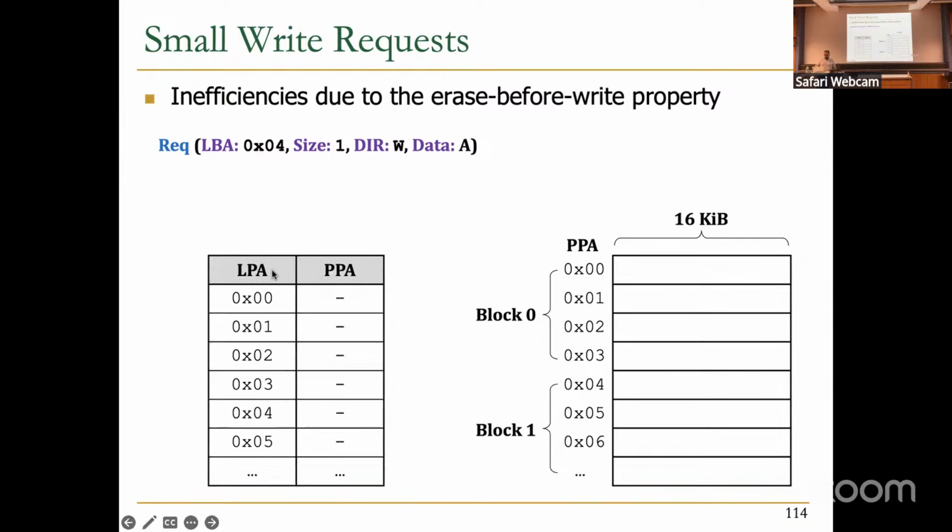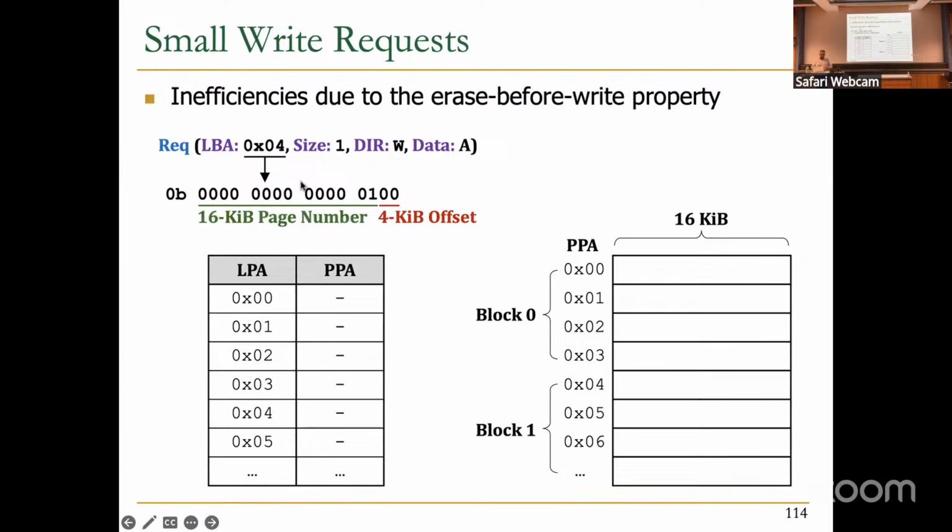And here is also your mapping table, in which you are storing mapping information per page, but that page is 16 kilobytes in this example. So the logical block address which we receive is stated here. If you encode it in binary, you can see that the offset is 0 and the page number is actually 1.